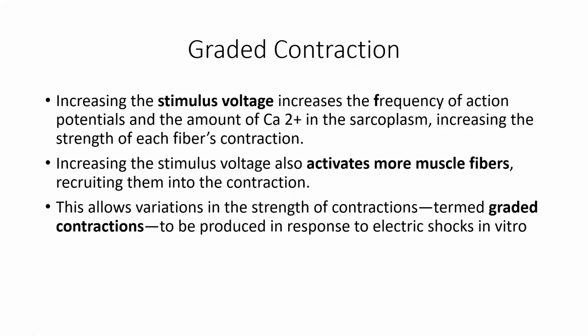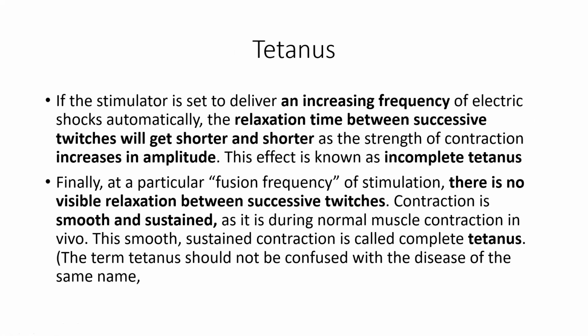And this allows variation in the strength of contraction, which is termed graded contraction, to be produced in response to electric shocks in vitro. So graded contraction just simply means the variation, which actually depends on the stimulus voltage. And now let's move on to tetanus.